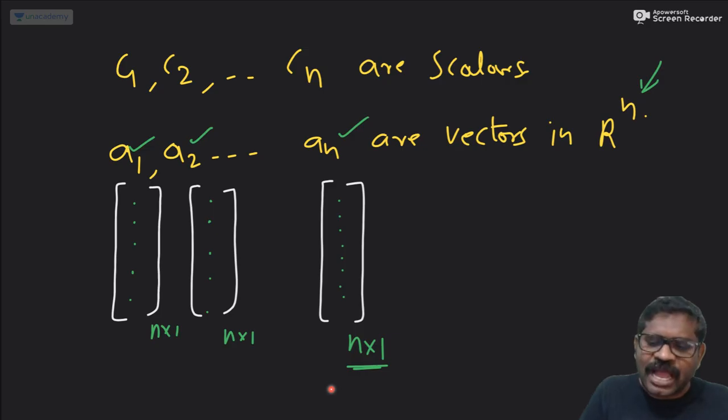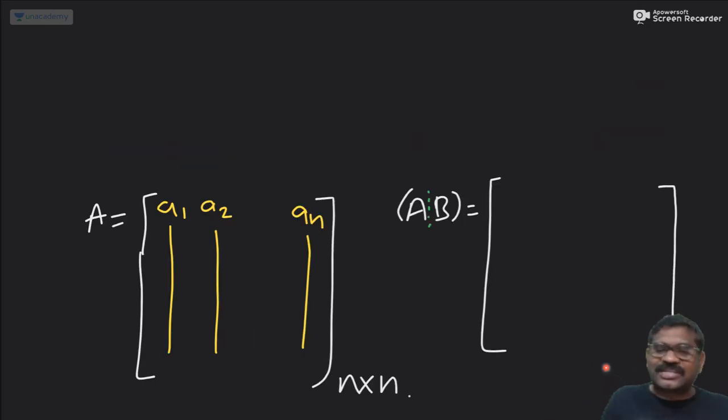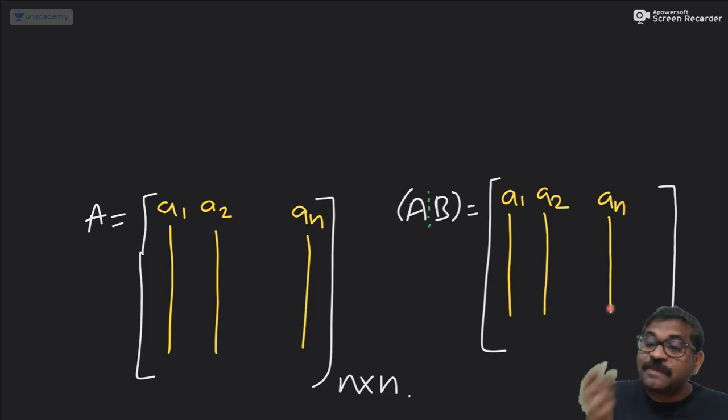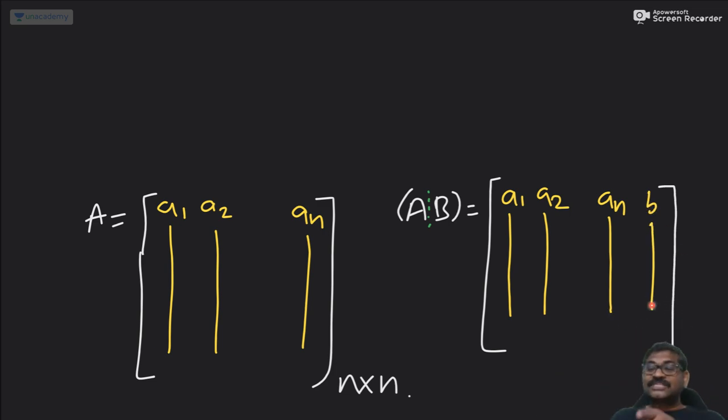So I am talking about the augmented matrix [A|B]. In the augmented matrix, if A1, A2, An are all column vectors, B is also a column vector. Because it is an augmented matrix, how many rows do you have? N rows.